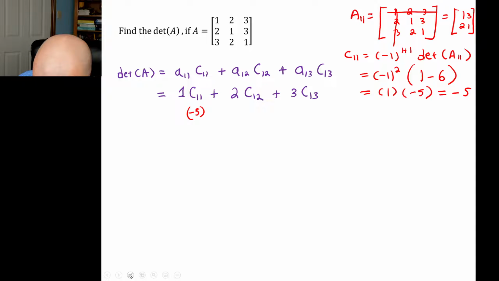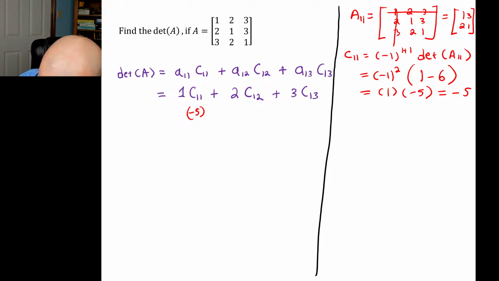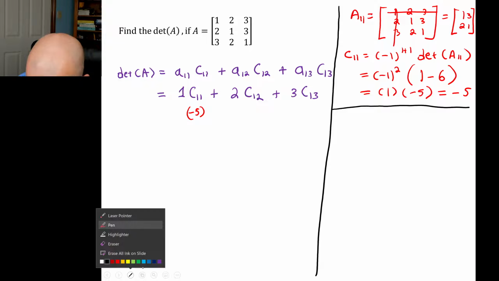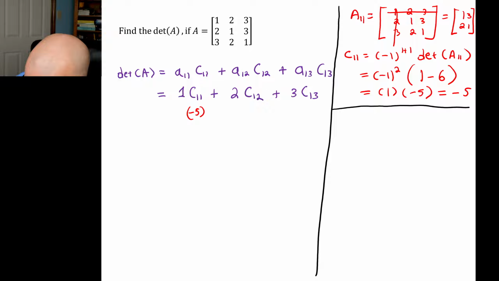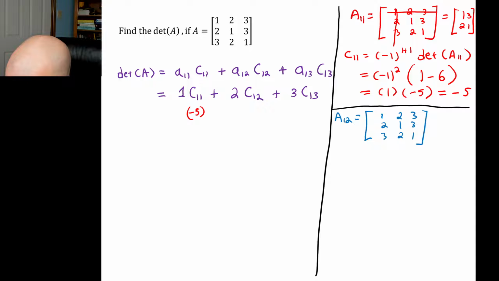Now we'll calculate the next one. We need C12. That means we have to construct the submatrix A12. So 1, 2, 3, 2, 1, 3, 3, 2, 1. Just copying the matrix. I'm going to delete row 1, column 2, and the surviving terms are 2, 3, 3, 1.